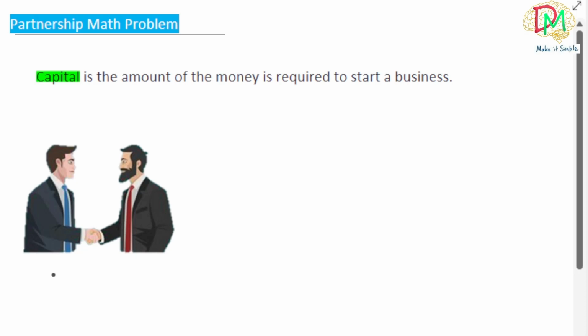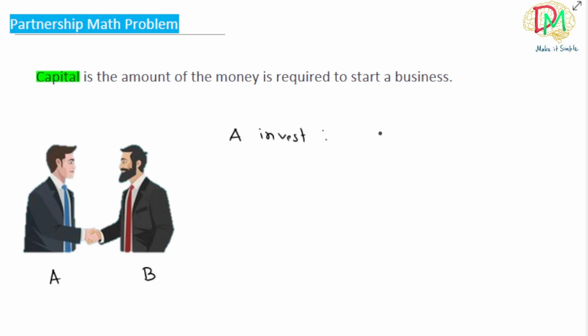Here in the picture, A and B agree to start a business. A invests A amount of money and B invests B amount of money.